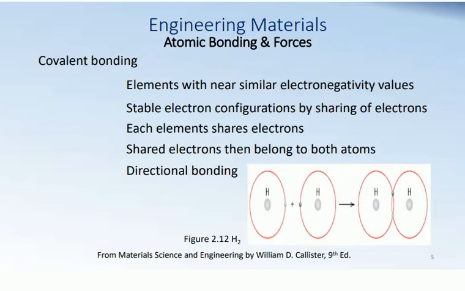So the bonding is along the direction in between these two atoms, as you can see on the right side of your figure. It is more strongly present on the side where the electrons are shared. It means covalent bonding is directional in nature, because it will be along the direction of shared electrons.